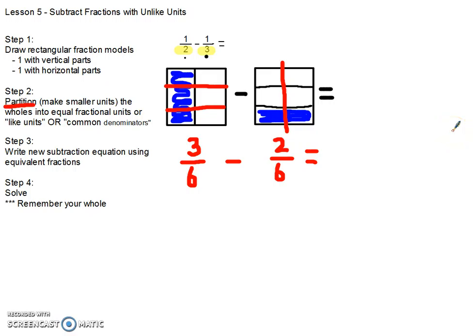Now, it is very important, just like in our addition, that we keep track of our whole. If both of my fractions have 6 parts, I need to make sure that my end fraction, my answer, also has 6 parts so that all the parts are equal. Now, subtraction is a little bit different, because we're taking away this second fraction from this first fraction.